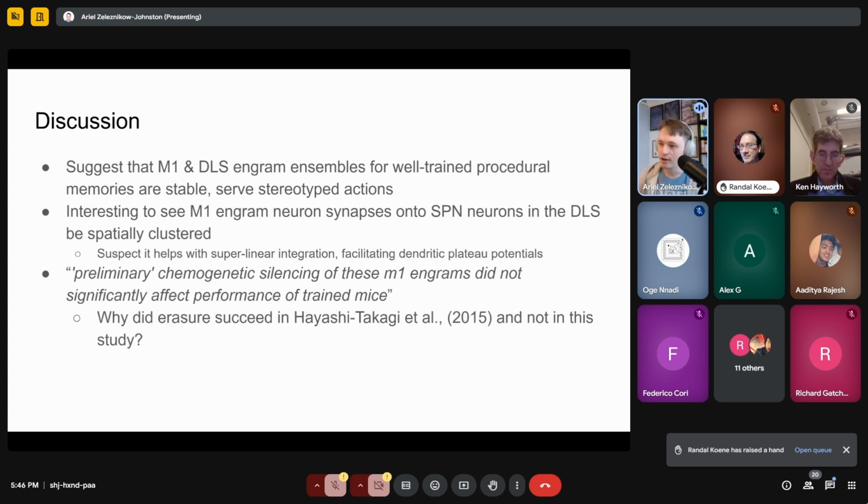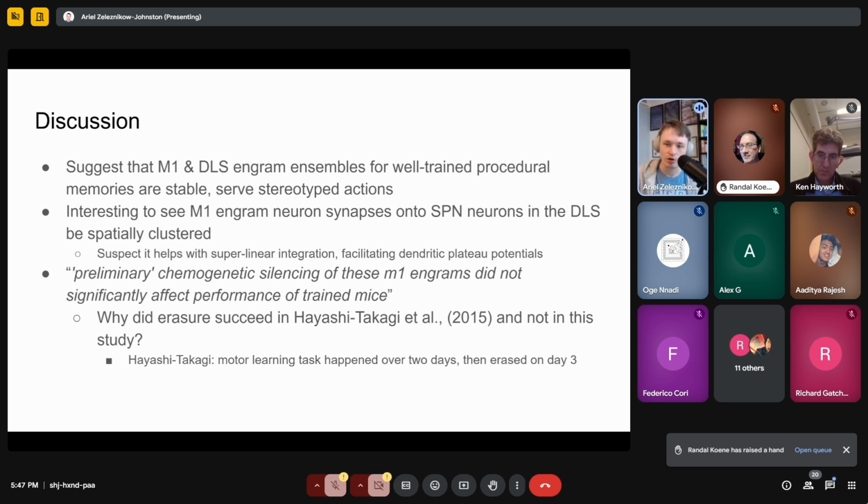That's pretty weird. And it's also interesting because you see some contrast between this chemogenetic silencing not doing anything and the previous paper that I mentioned right at the start in the introduction, where they show that if you optically erase these sorts of M1 engram spines, you can significantly reduce animals' performance at these procedural tasks. Now, I would point out that one of the key differences between their experiment and this one is that the erasure experiment happened in the rotarod task, where learning had happened only over 2 days and then was erased on day 3.